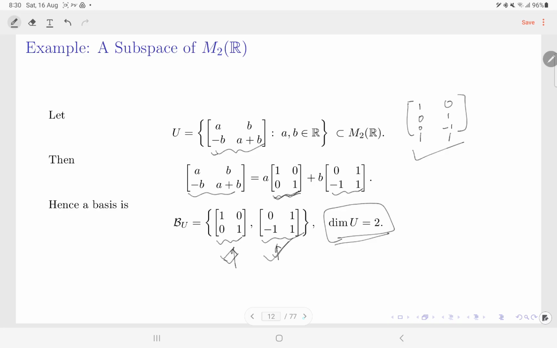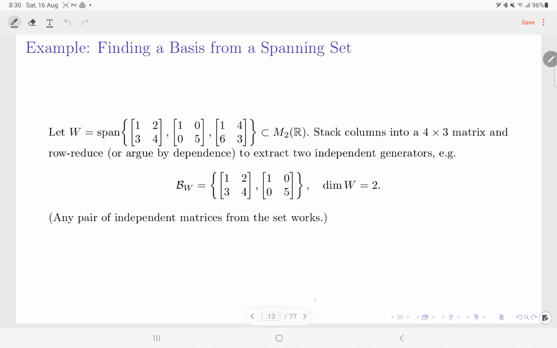Okay, moving forward, finding a basis from a spanning set. If you are given a spanning set, like, let's say for this example, a vector space coming from the matrix space M2, this means 2 cross 2, the dimension will be 4.